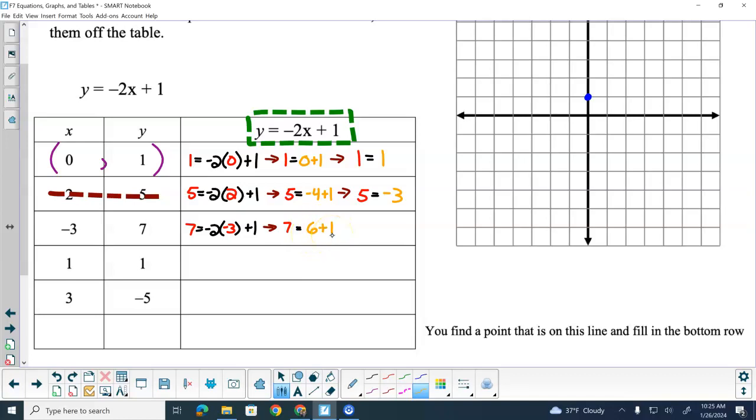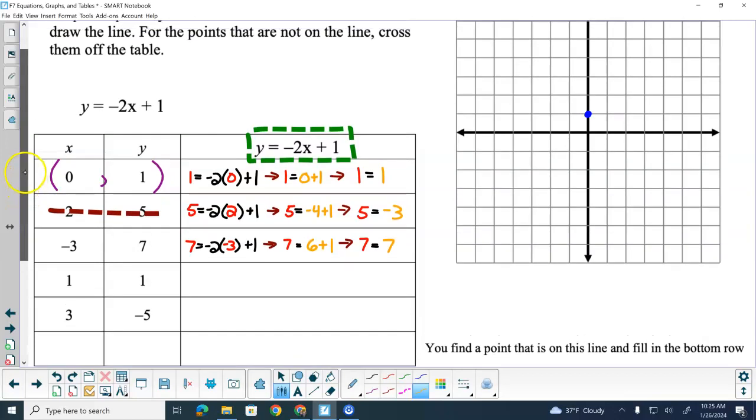Positive 6 plus 1 is going to be 7. And 7 is equal to 7. So that one's on our line, yes? So we can plot that point.